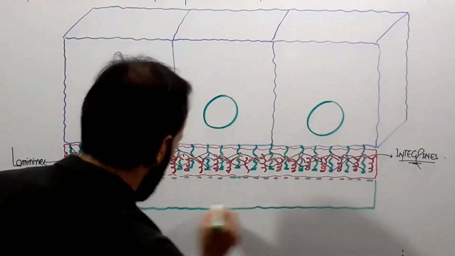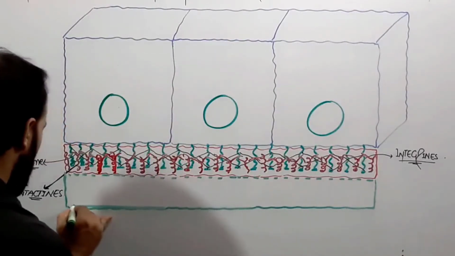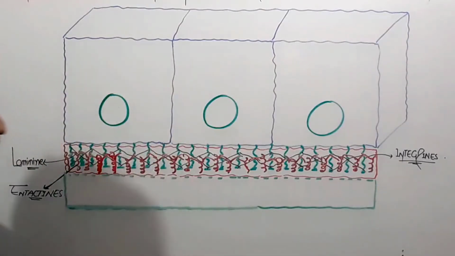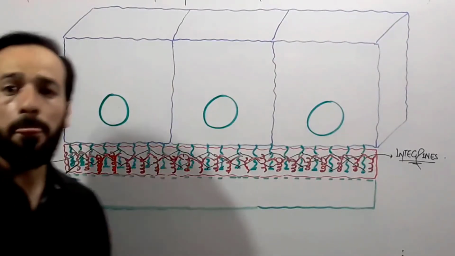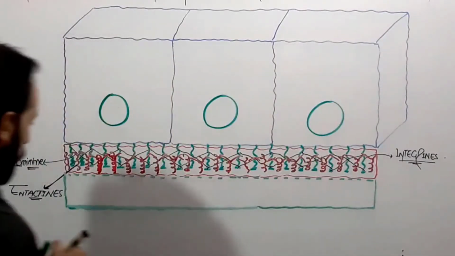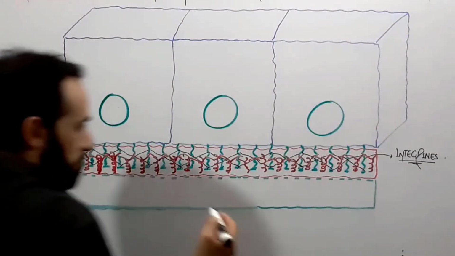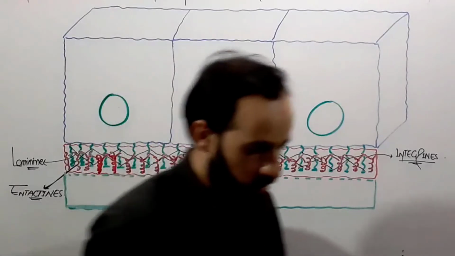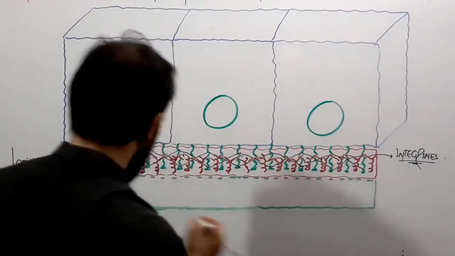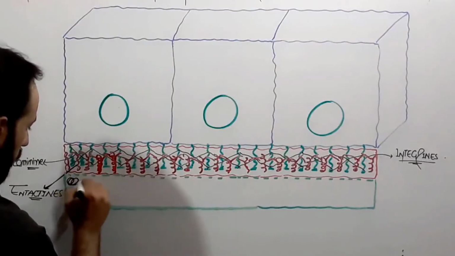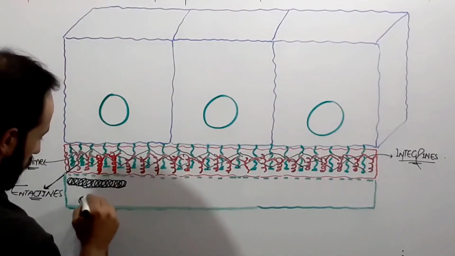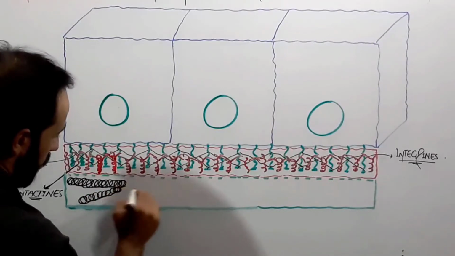Lamina densa also contains proteins and certain molecules, polysaccharides and everything, right? So in the lamina densa, what is found there? Lamina densa is composed of big fibers which are called the collagen fibers. These are certain thick proteins present in our body.